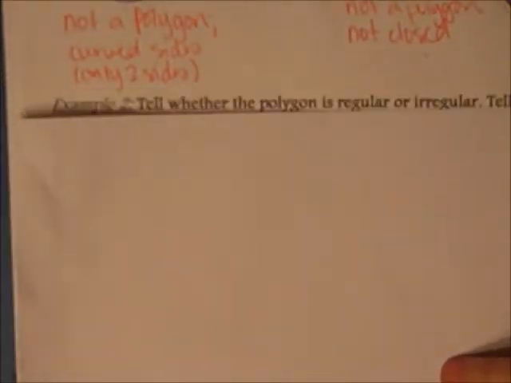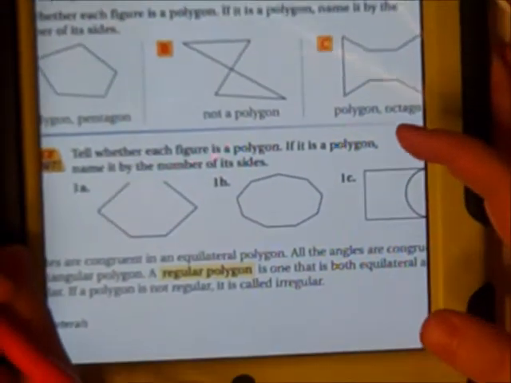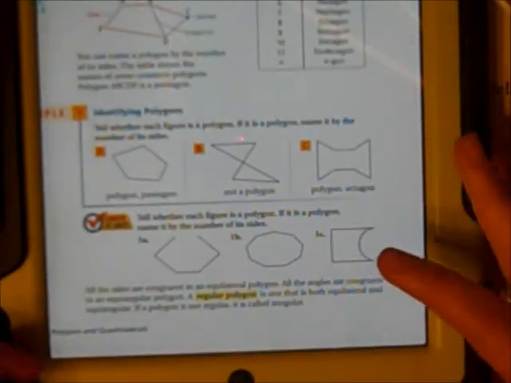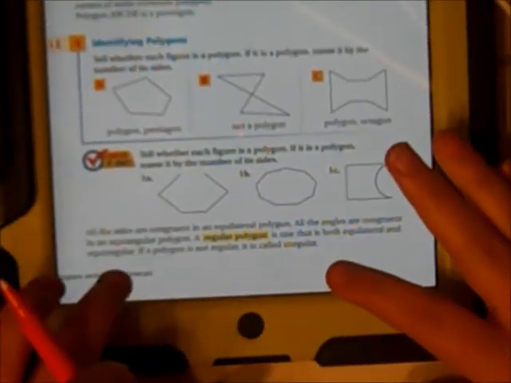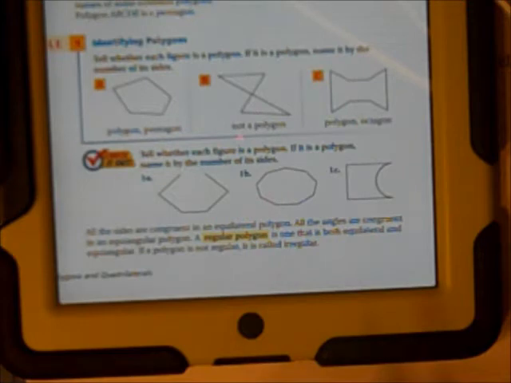Okay, also from your vocabulary grid, we have whether it's regular or irregular. If all the sides are congruent and all the angles are congruent, then it's an equiangular and equilateral polygon, and we call that regular. So if it's equilateral and equiangular, then we call it regular.